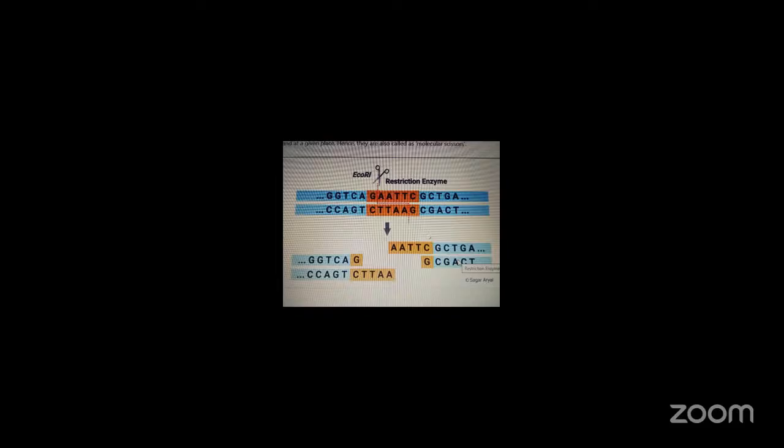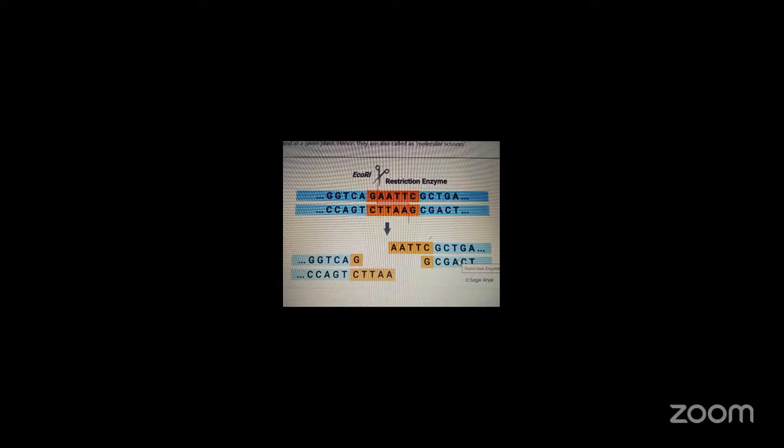These enzymes are called restriction enzymes because they restrict infection of bacteria by certain viruses, for example bacteriophages, by degrading the viral DNA without affecting the bacterial DNA.